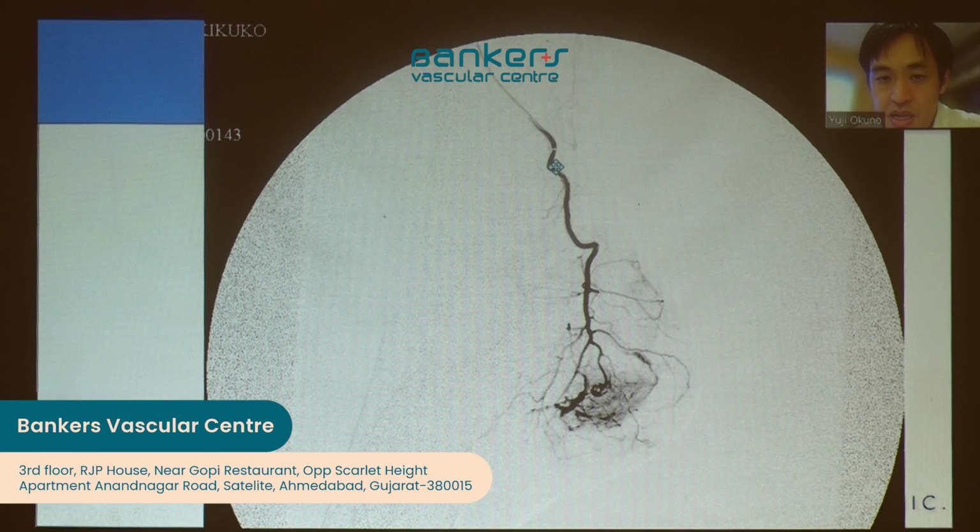The catheter is inserted from the groin to this area, the foot joint, and we can see the inflammatory vessels here. From here, we infuse a temporary embolic particle that can resolve in a normal artery but cannot embolize inflammatory vessels.